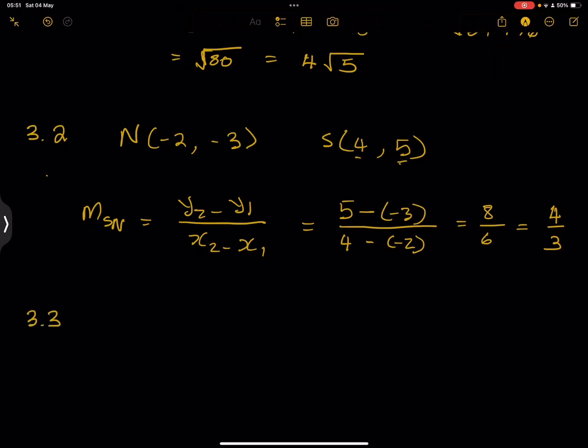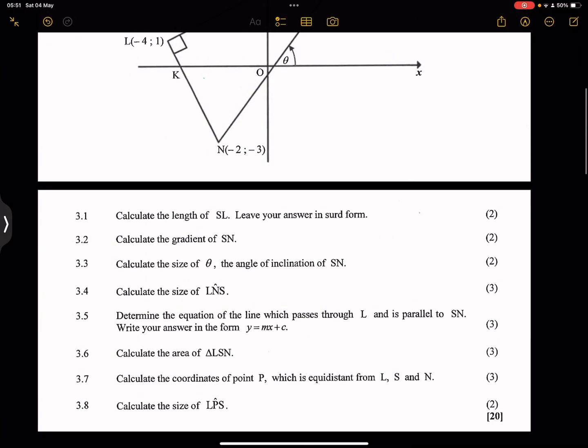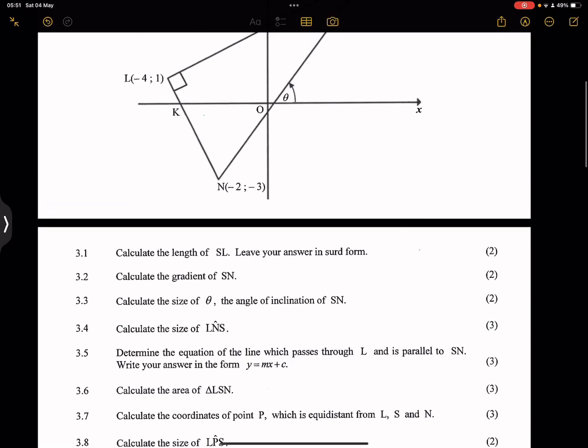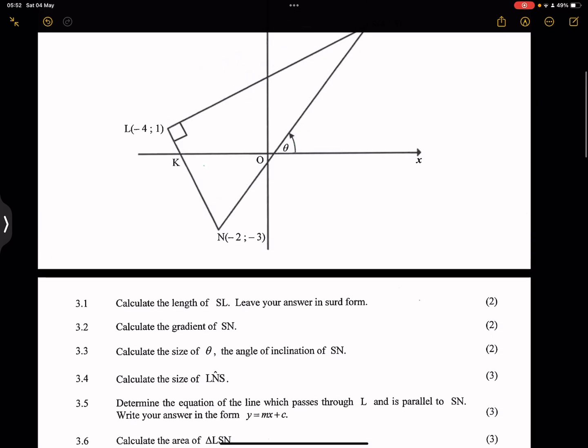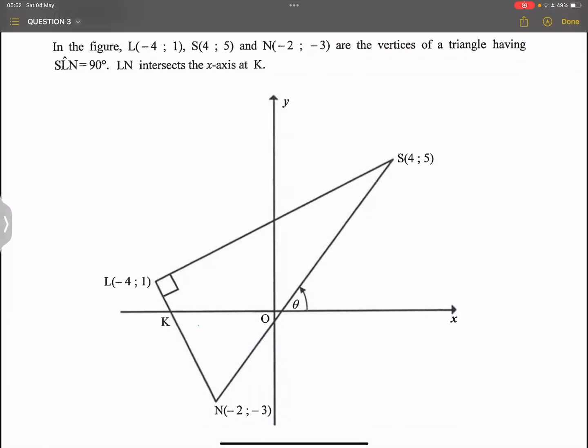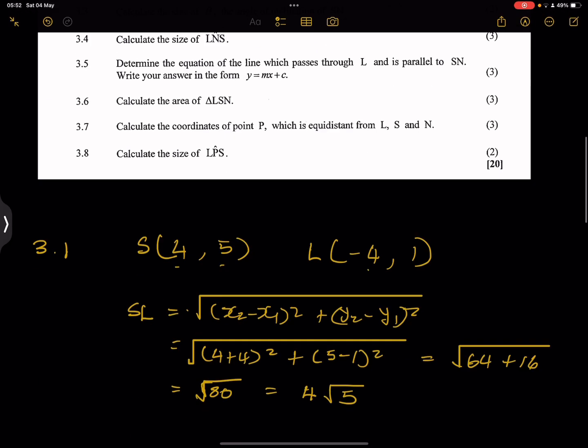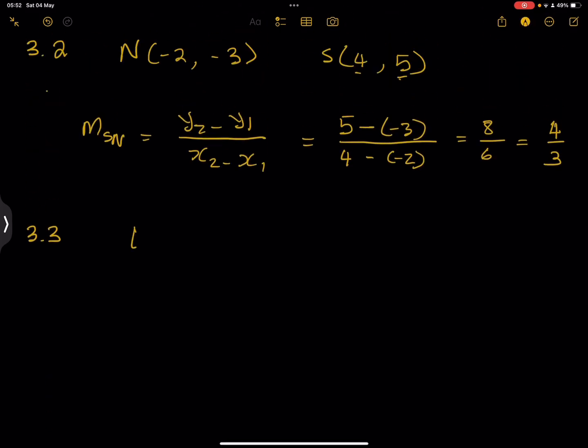So 3.3, they want us to calculate the size of angle theta, the angle of inclination. Keep that in mind, ladies and gents. Now that we know the gradient of SN, we can use the tangent being equal to the gradient. So tan theta is equal to the gradient of SN, which is 4 over 3.